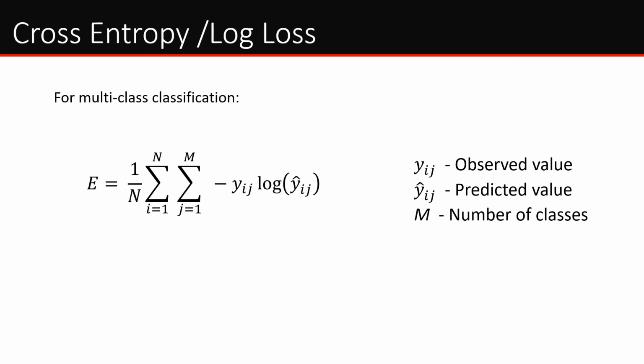When we use cross entropy in a multi-class problem, the expression becomes the average of y observed multiplied by log of y predicted summed across all classes. It can be shown that the binary cross entropy error function is a special case of this function.